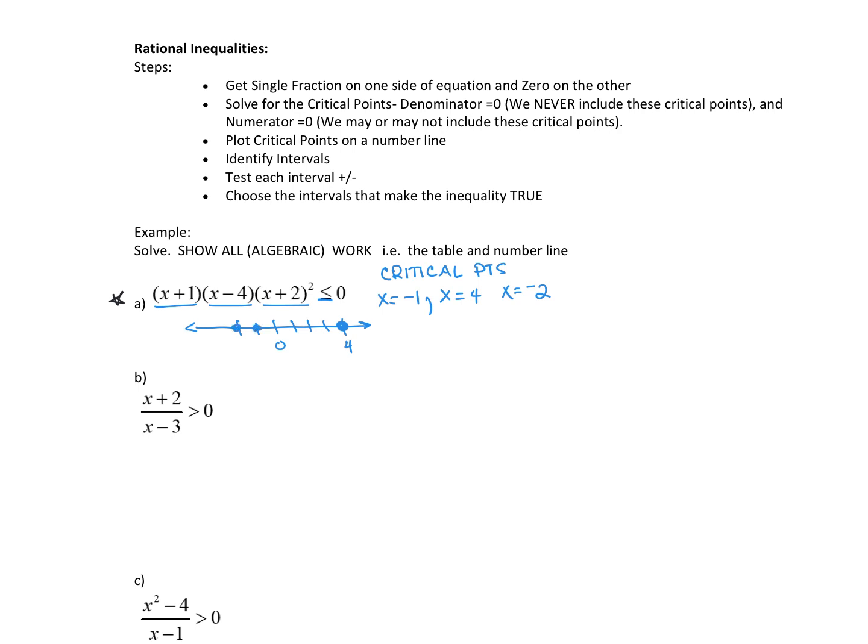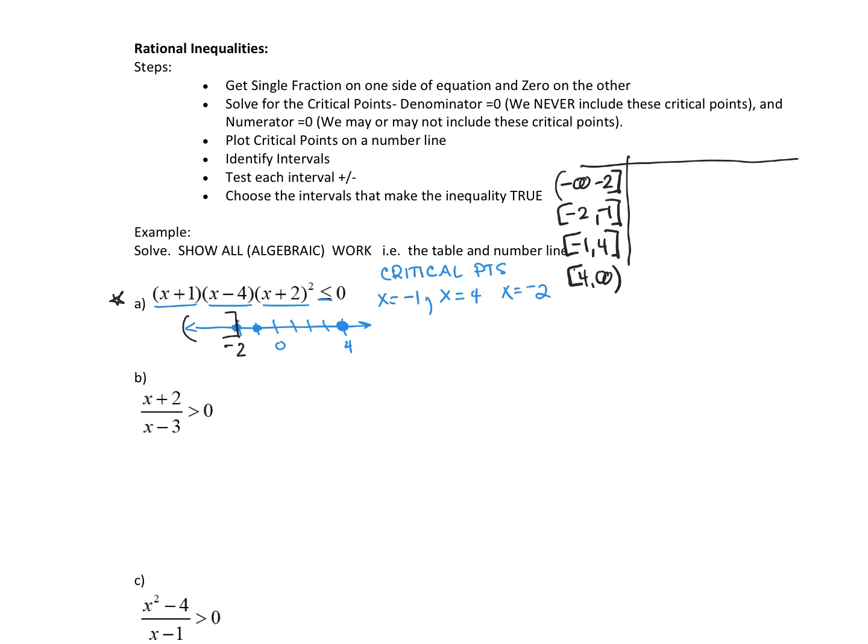Then I make a chart of values. So I'm going to identify on here these intervals. I have in the first one, negative infinity up to negative 2, bracket, negative 2 up to negative 1, bracket, negative 1 up to 4, bracket, and then 4, bracket, up to infinity, parenthesis.